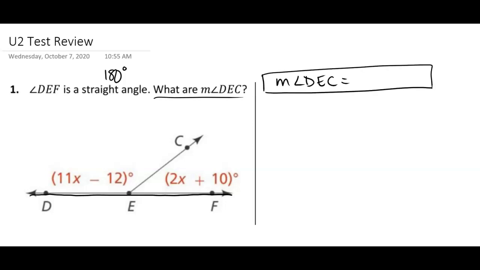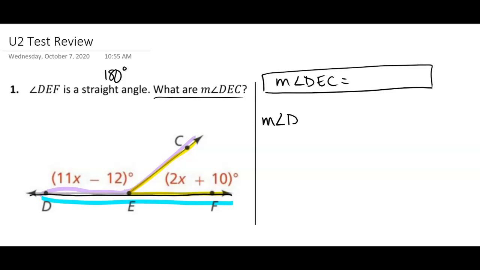So we know that we answered the correct problem at the end. So if we notice, the angle of DEC and the angle CEF is equal to the angle DEF. So using the angle addition postulate, we can set up our equation.